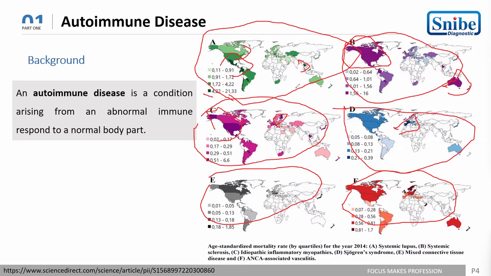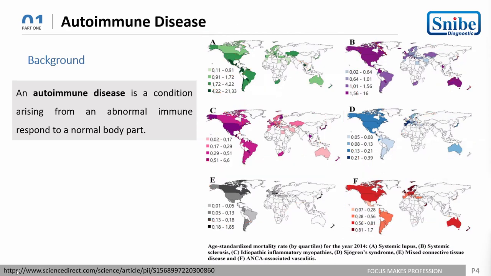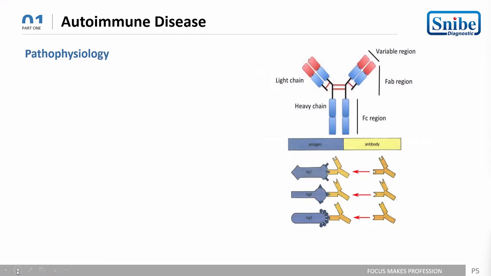So let's discuss them one by one. What is the pathophysiology of this disease? As you know, physiology is a normal procedure, and patho means some disease-related physiology occurs. The immune system is a natural defense system which produces antibodies against any foreign particle or antigen which enters the body.